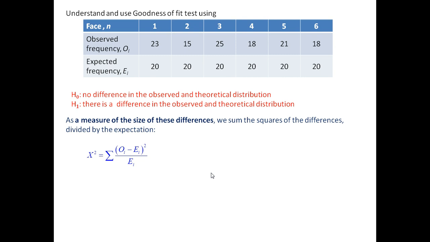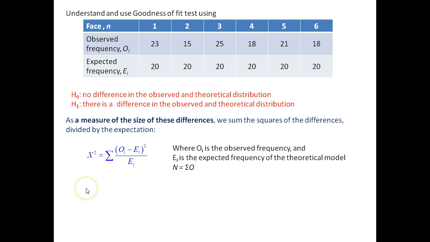As a measure of the size of these differences, we're going to sum the squares of the differences and divide by the expectation, then sum. So square the difference, divide by the expectation, then sum everything we've got. And that is our test statistic X squared, which is going to be our estimate for chi-square.